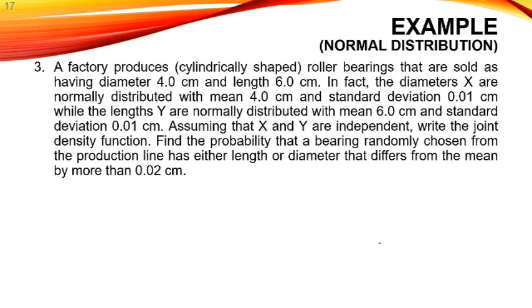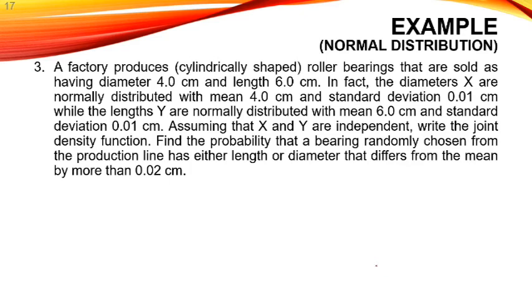Another example application for probability, the normal distribution. Example: a factory produces cylindrical shaped roller bearings that are supposed to have a diameter of 4 centimeters and length of 6 centimeters. In fact, the diameter variable x is normally distributed with mean 4.0 centimeters and standard deviation of 0.01 centimeter, while the length, the variable y, is normally distributed with mean 6 centimeters and standard deviation of 0.01 centimeter.